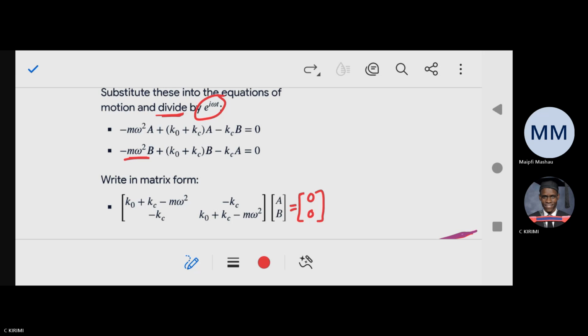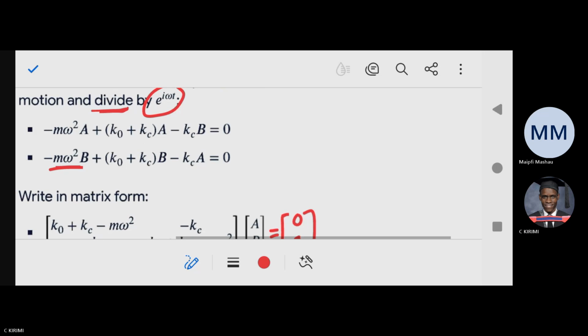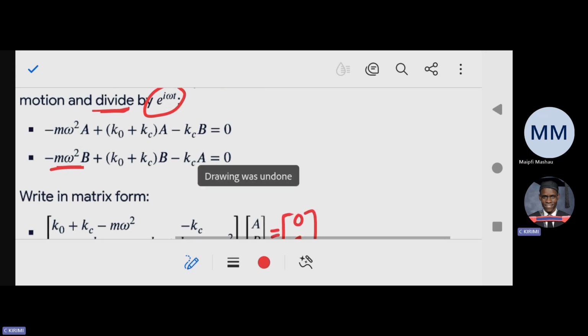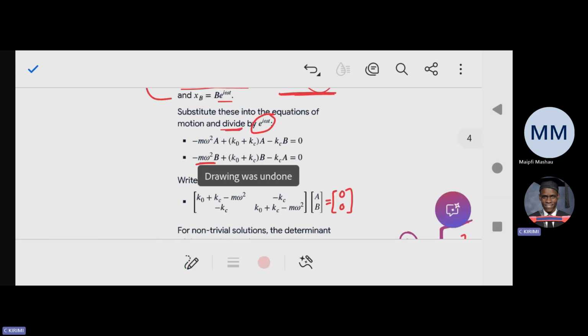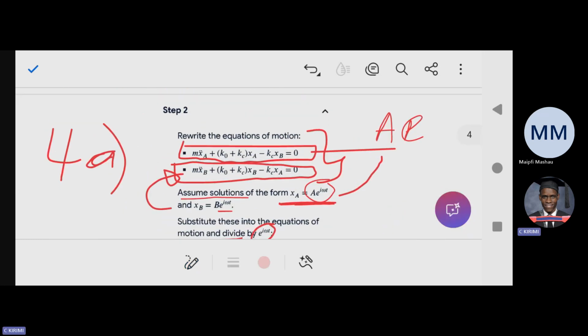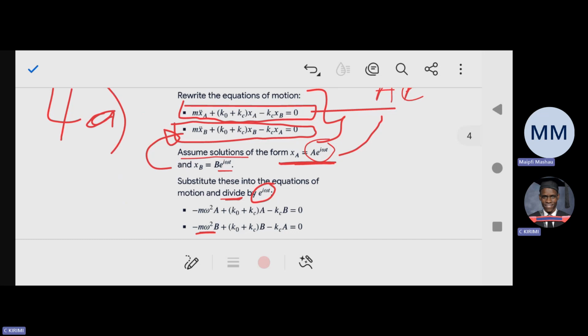Right. So we are factoring out the things that have A. Let's factor A out of the first equation, our first equation. And remember, our equations of motion, the ones that we derived, we rewrite them in such a way that A is outside, like here, substituting the values into the equations.